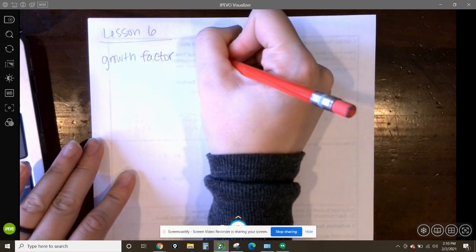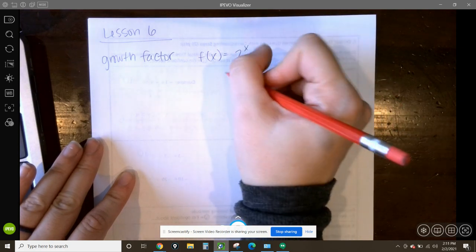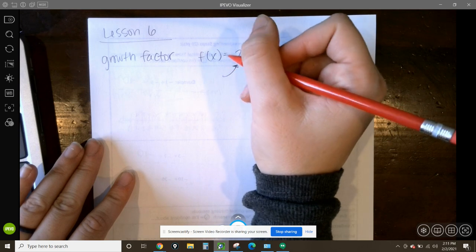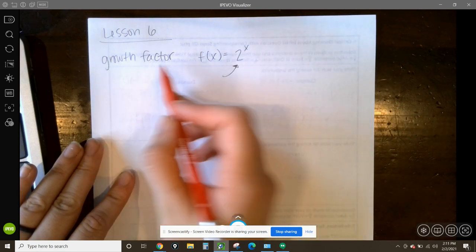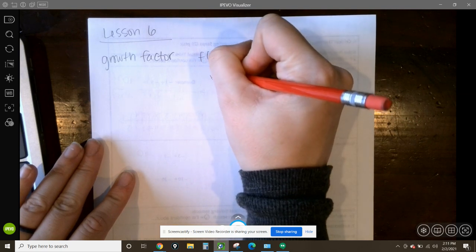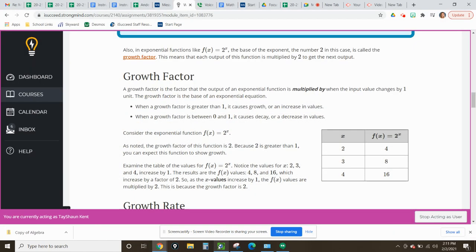So I'm going to use this example, f of x equals 2 to the x, and they just told you that the number 2 is the growth factor. So right here, I wrote growth factor. I'm pointing at 2. This is the growth factor. The base is the growth factor. So the growth factor in this example is 2.